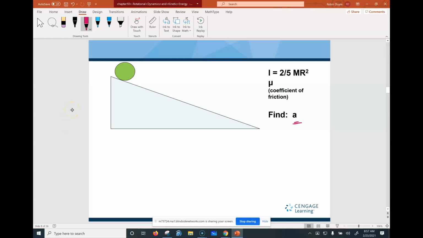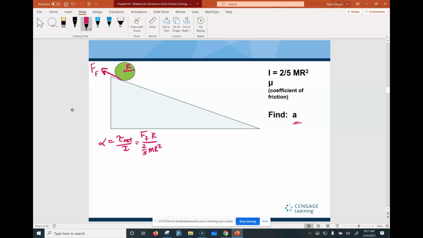We want to find A. Now remember, this frictional force is the only force. This is my radius. We did our net torque equation: alpha equals the force of friction times the radius all over 2/5 mr squared, right?